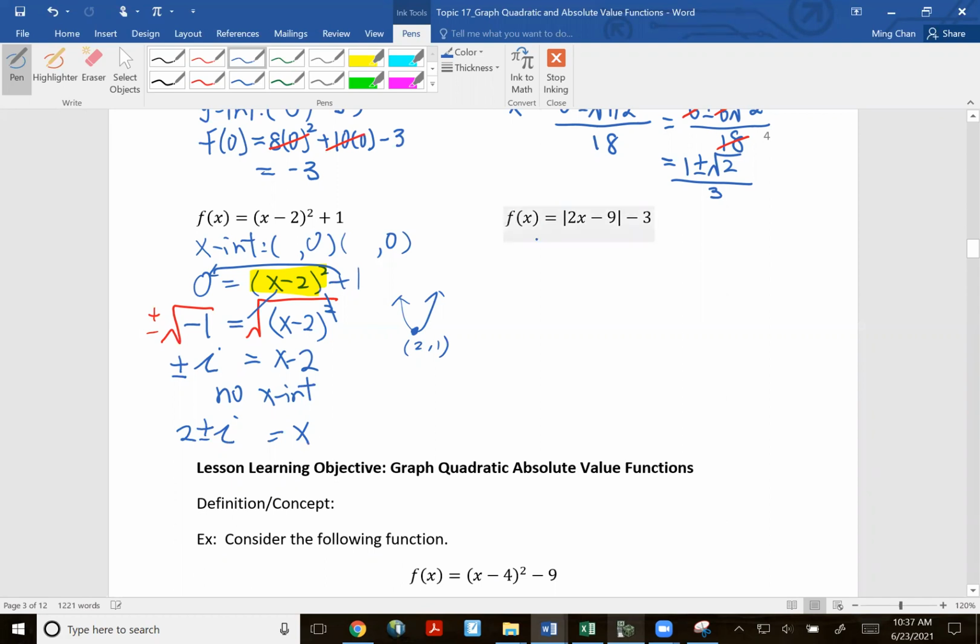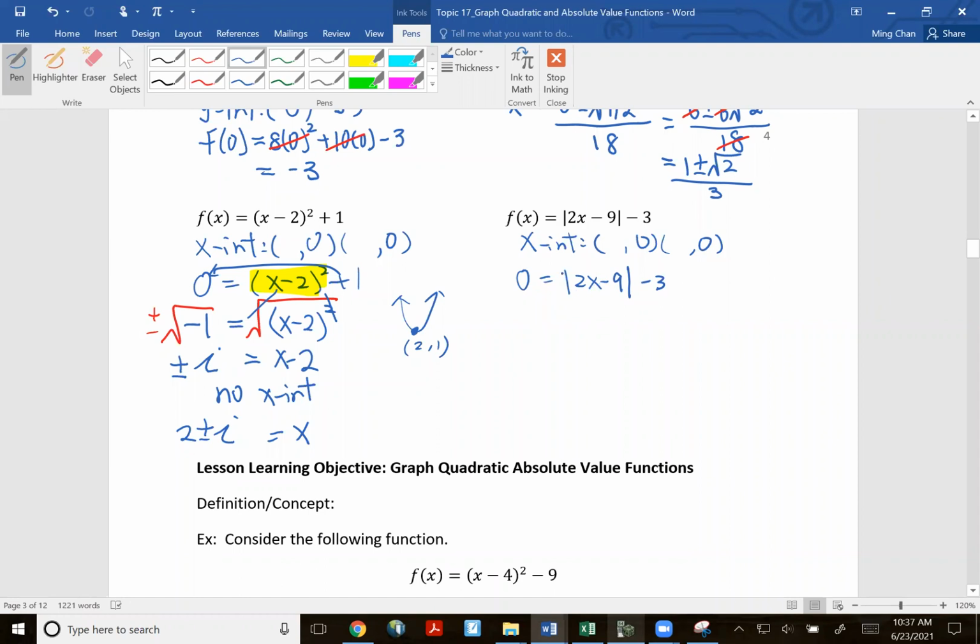All right, the V. Let's take a look at this V. X-intercept. Find x when y equals 0. So f of x, replace f of x with 0. That's the absolute value of 2x minus 9, minus 3. We mentioned this before: this expression can technically be a positive or negative number.